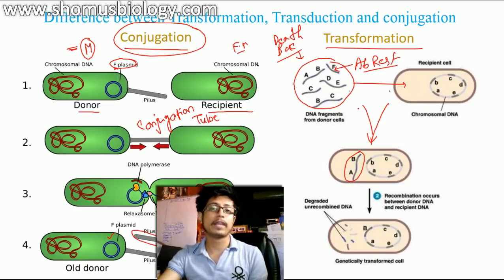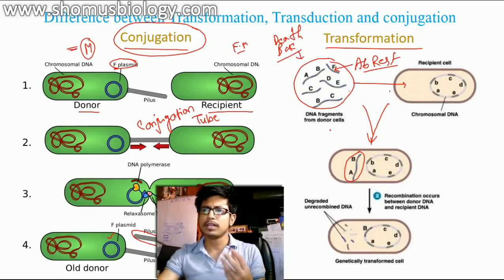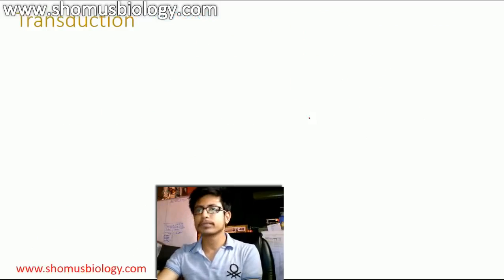In this fashion they acquire a lot of different features, such as producing different enzymes and chemicals which fight against antibiotics, and also antibiotic resistance factors from different cells, through this transformation process.